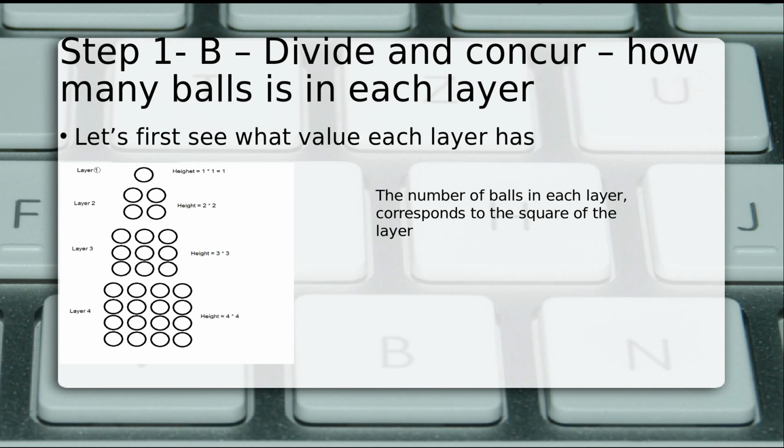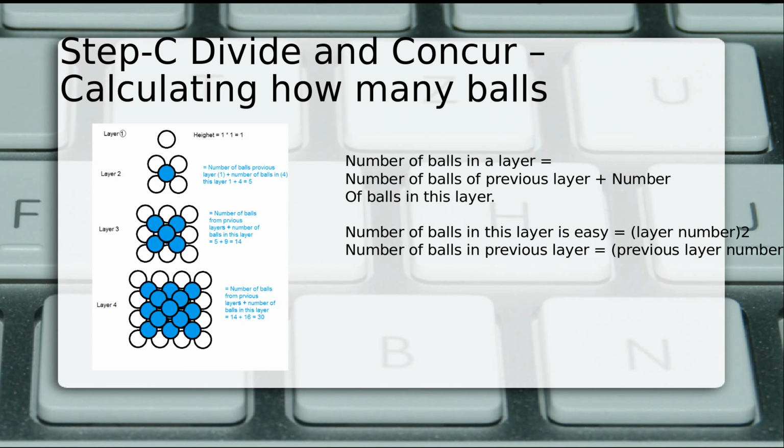In order to see this in practice, let's look at the following illustration. Here you have layer 1 and it just has one ball in it, so the height is 1. Now imagine you're looking at this pyramid of balls from the top. If you have a height of 2, then you're going to have 2 layers: layer 1, which has 1 ball, and layer 2, which has 4 balls.